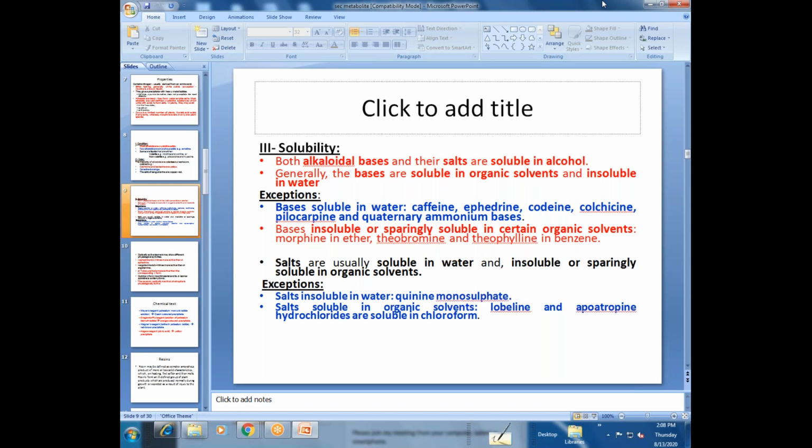Alcohol we consider a universal solvent where the salts and also the bases are soluble. If you leave out alcohol, bases are soluble in organic solvents, whereas salts are not. For example, sodium chloride is not soluble in petroleum ether or chloroform, but it is soluble in water. Free bases are not soluble in water, but they are soluble in organic solvents. It's clear?